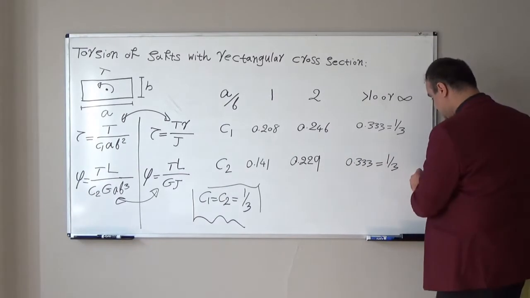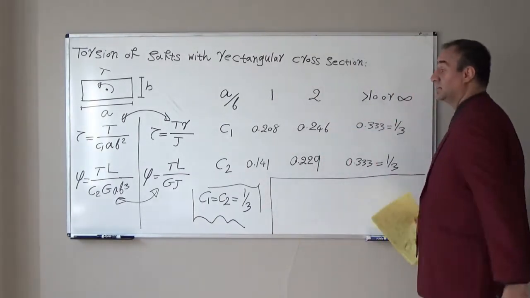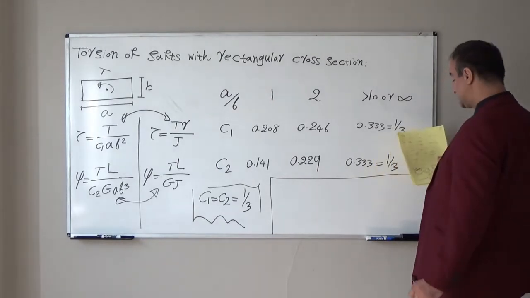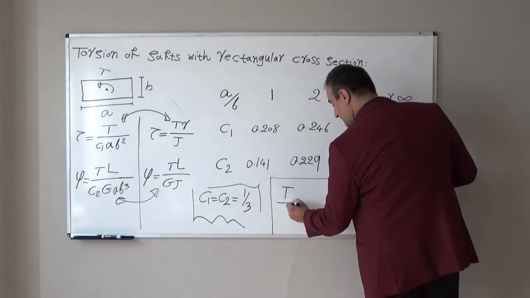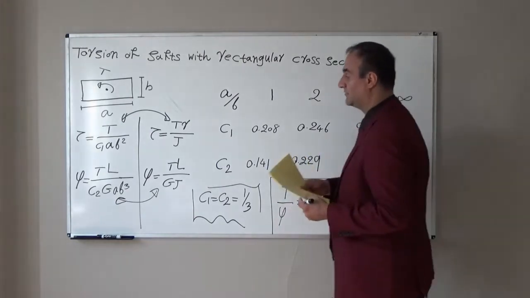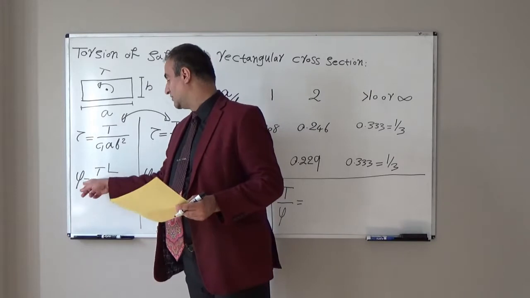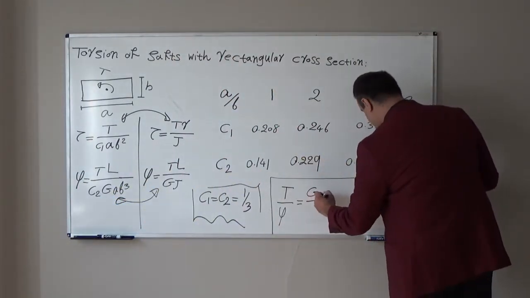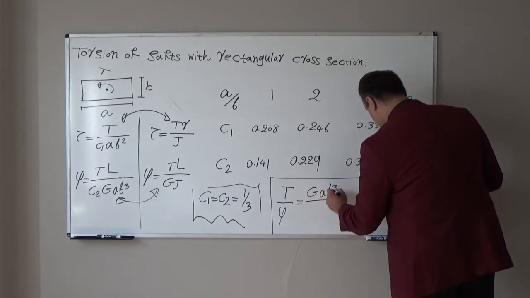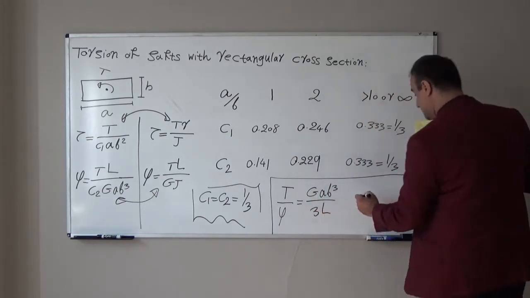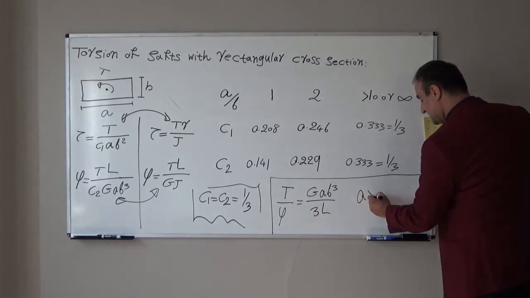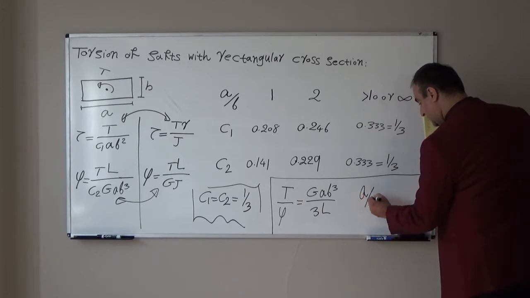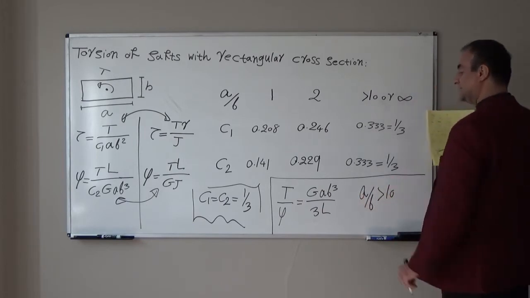And now here it is clear because we define the torsional stiffness as T over phi. From here, if we find T over phi, it will be equal to G A B cubed over 3L if A over B is greater than 10.